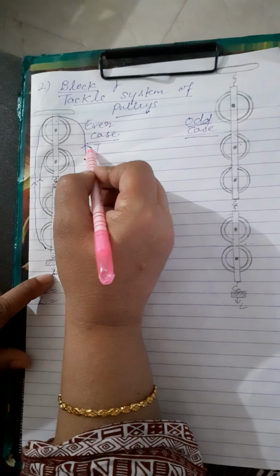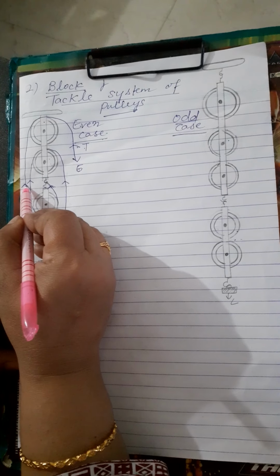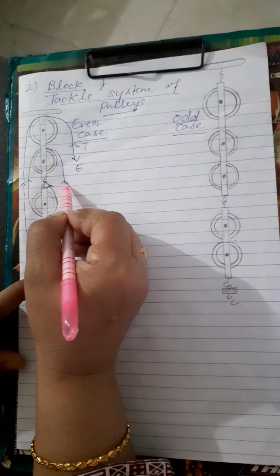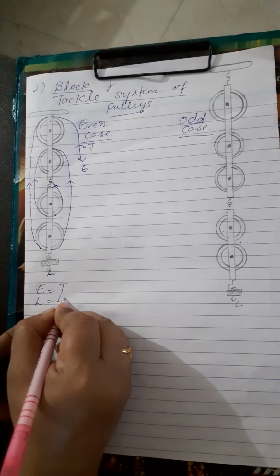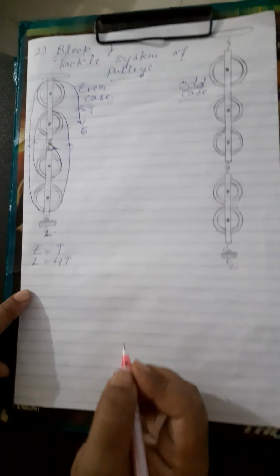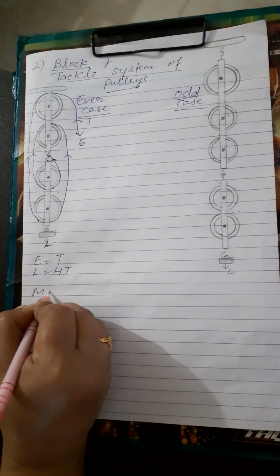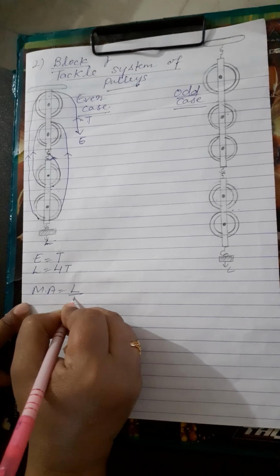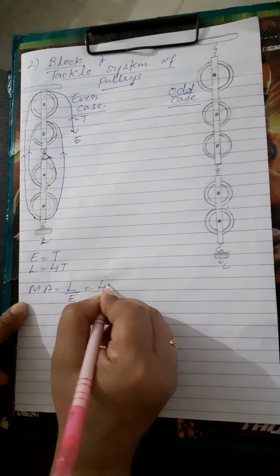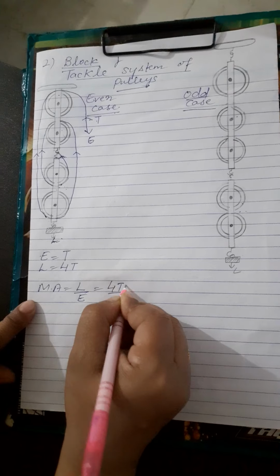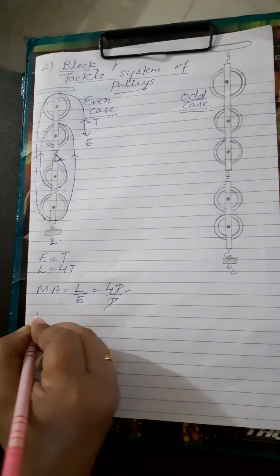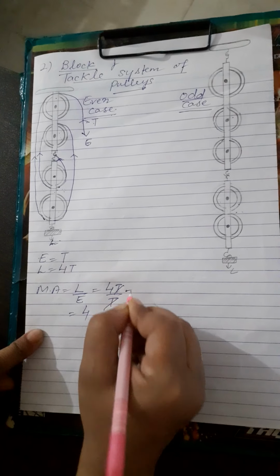Don't count this tension, rest of the tension 1 2 3 4. So L will be equal to 4T. Then what will be the mechanical advantage? Load over effort. So it will be 4T divided by T, or your mechanical advantage will be equal to 4.